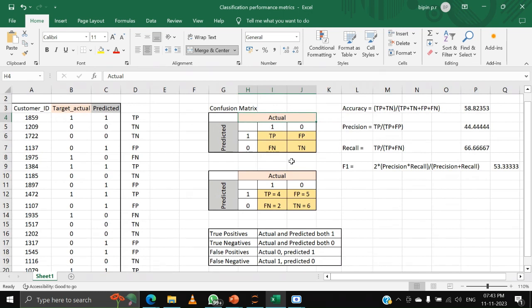Now see, actual output 1, 0, predicted output also 1, 0.